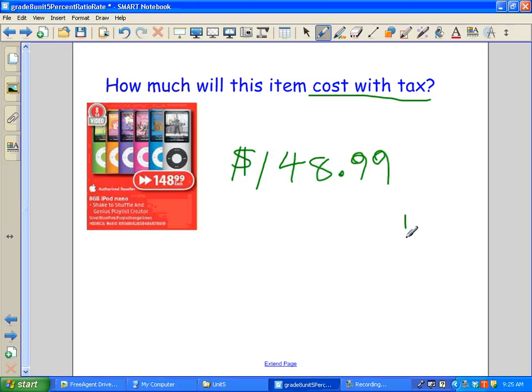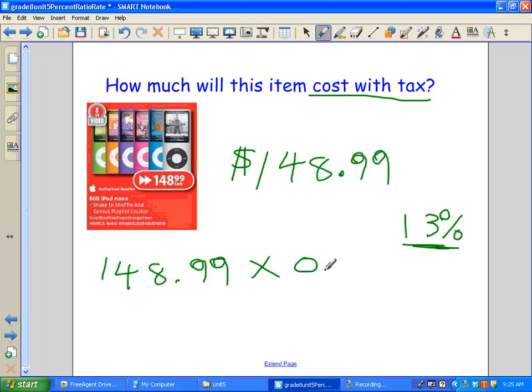It was 13%. So all you have to do to find out how much extra you're paying is put in your money amount, $148.99, times it by your percent, but of course you're not going to put your percent in percent, you're going to put it as a decimal.